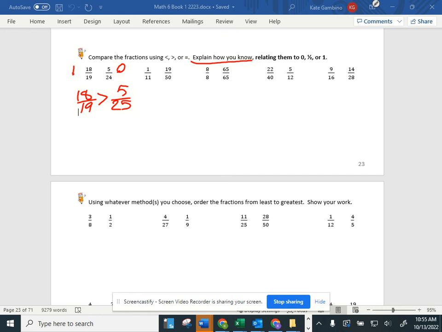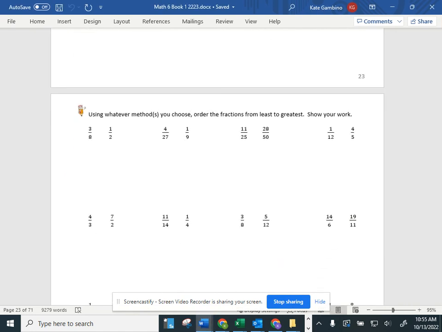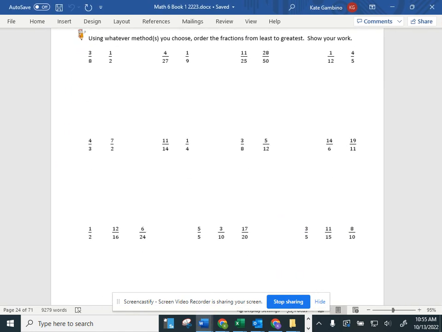Okay, so we've got our last 3 objectives we're using to compare these fractions in different ways. So if you're not sure, look back at those last 3 objectives we just did, and it'll help you. Now it says use whatever method you choose, order the fractions from least to greatest, and show your work.